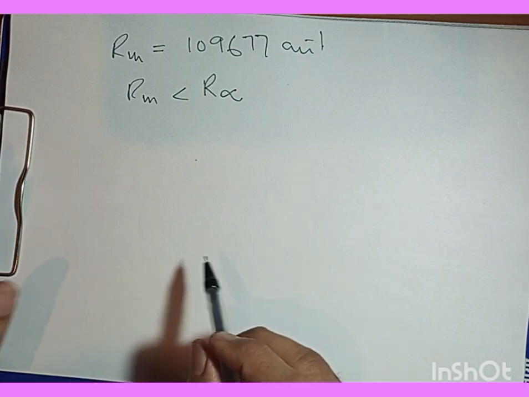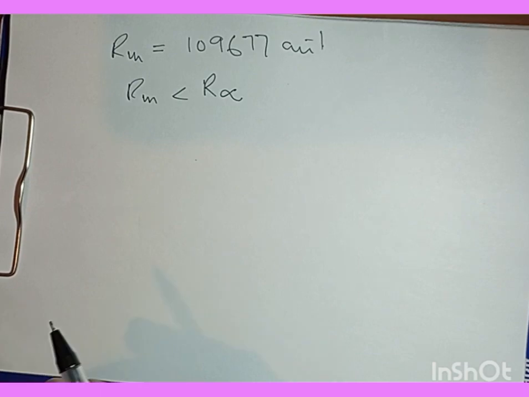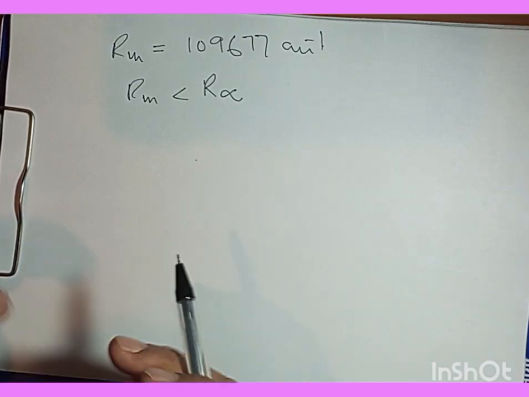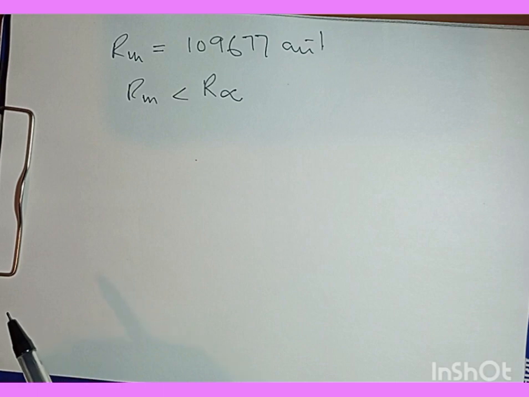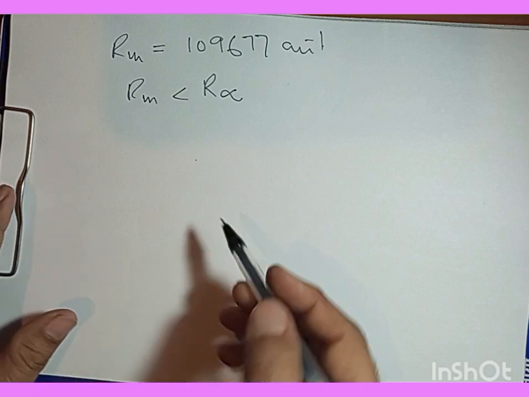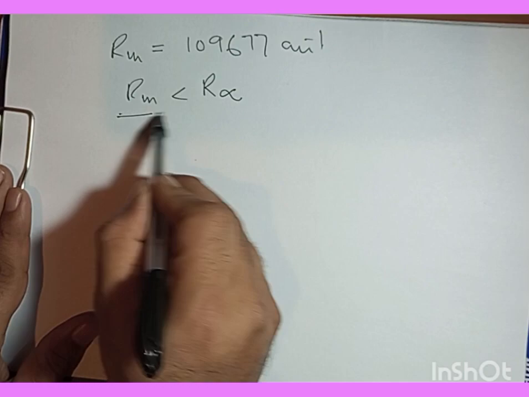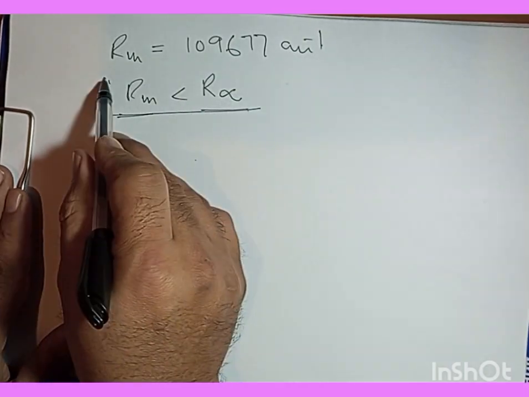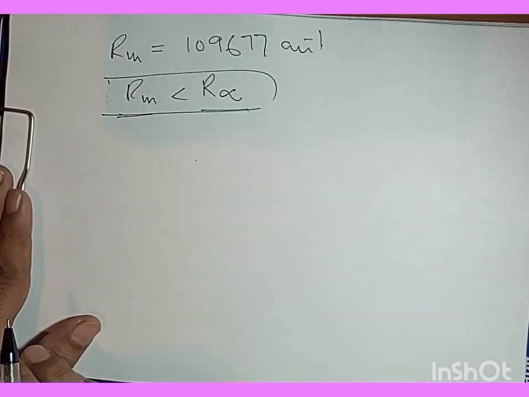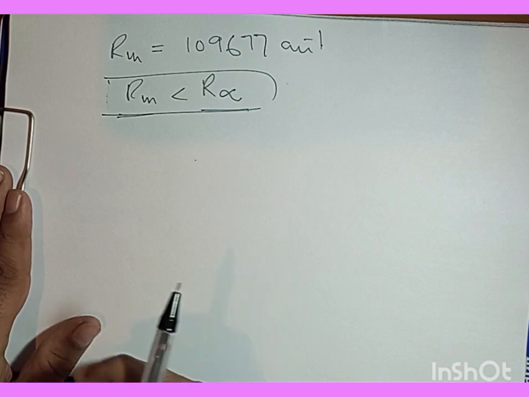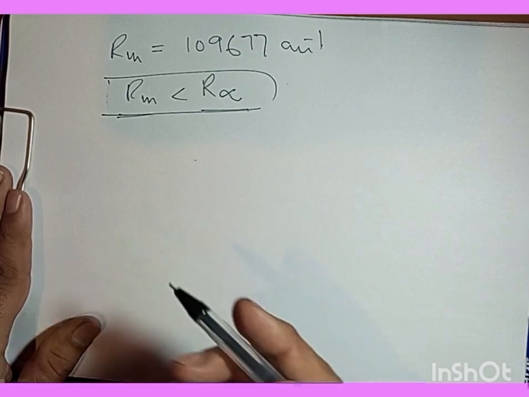Certainly, we will have different Rydberg constants for different hydrogen-like atoms. In that case, what we say here is that this Rydberg constant is constant for a particular atom, and its value goes on varying.